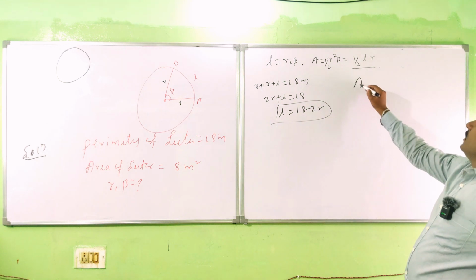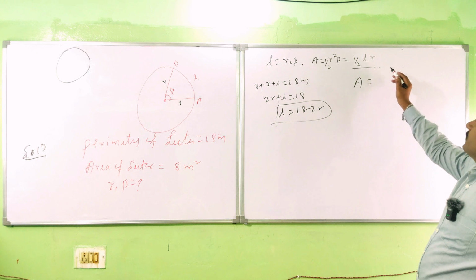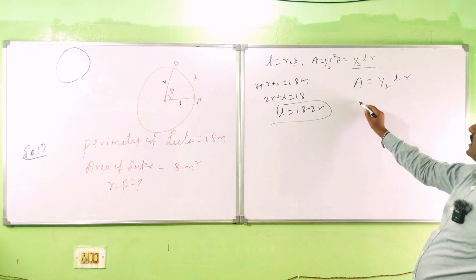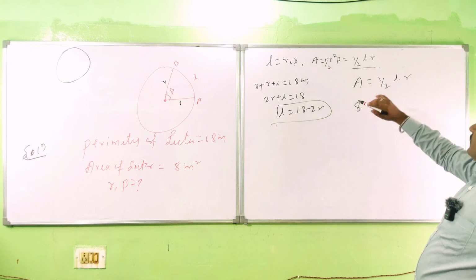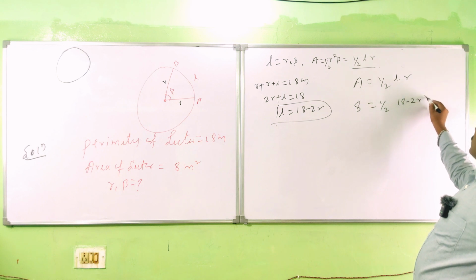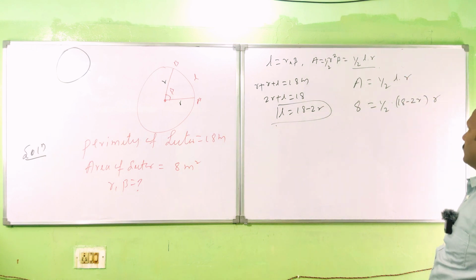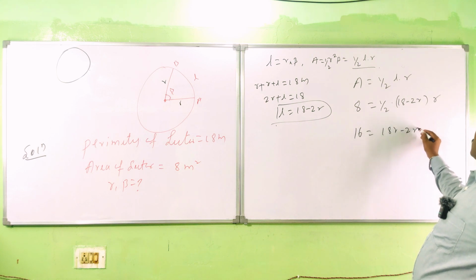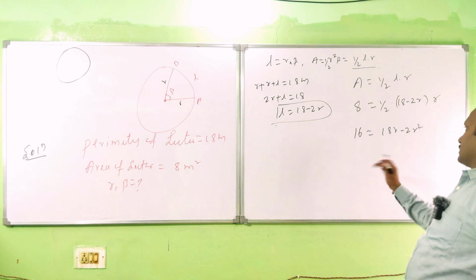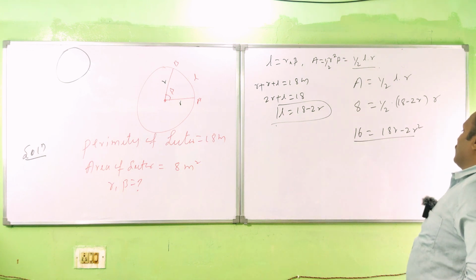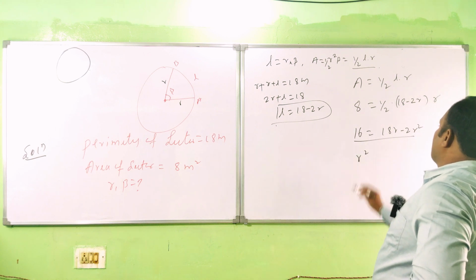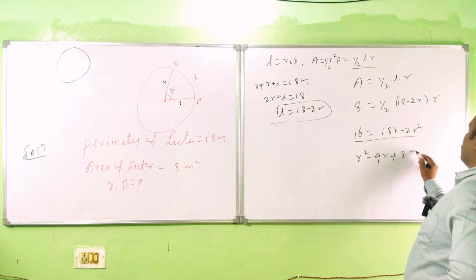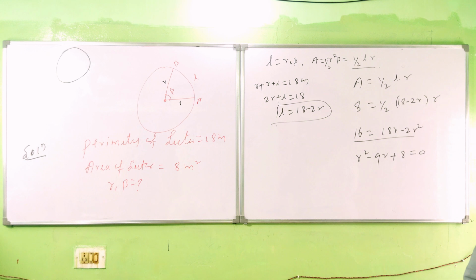Second, they gave A is equal to 1 by 2 L into R, and A is 8. What is the value of L? 18 minus 2R, into R. This becomes 16 is equal to 18R minus 2R square. Rearranging, taking 2 as common, R square minus 9R plus 8 is equal to 0. This is a quadratic equation.